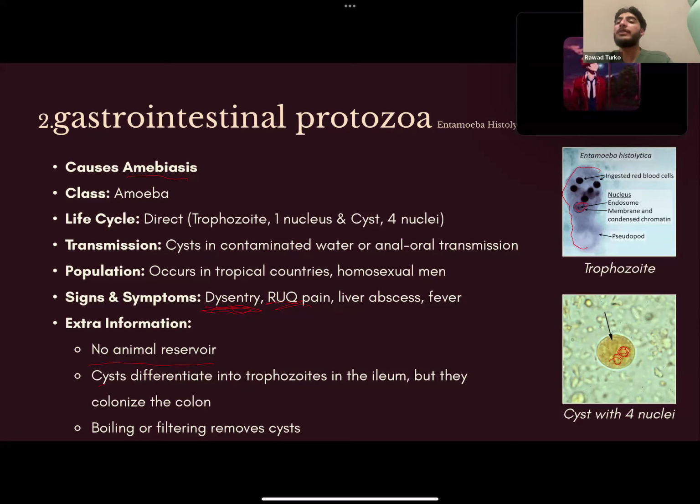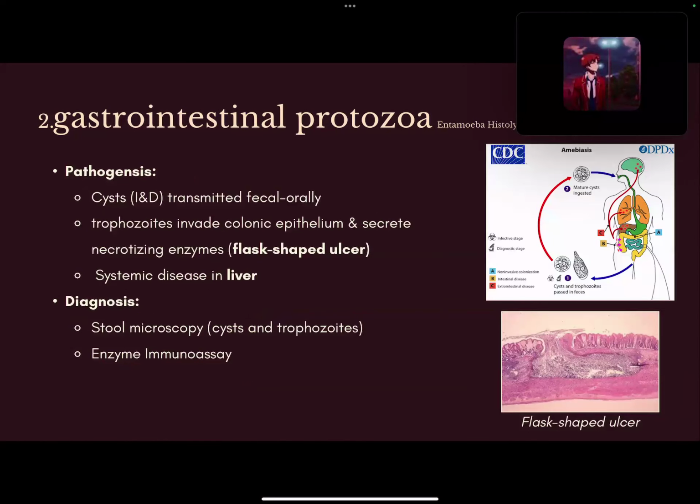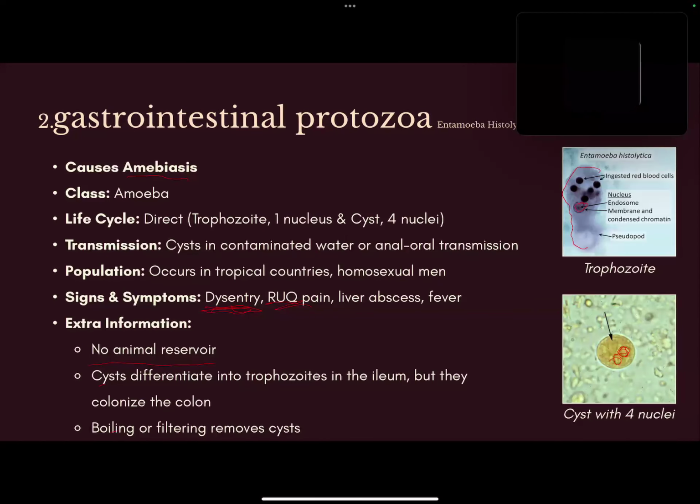Boiling or filtering removes the cysts. This is similar to Giardia lamblia, except here we added boiling. Filtering removes the cysts of both Entamoeba histolytica and Giardia lamblia. There are a lot of similarities between amoebiasis and giardiasis, but the only difference is that one creates ulcerations and bloody diarrhea, and the other doesn't.